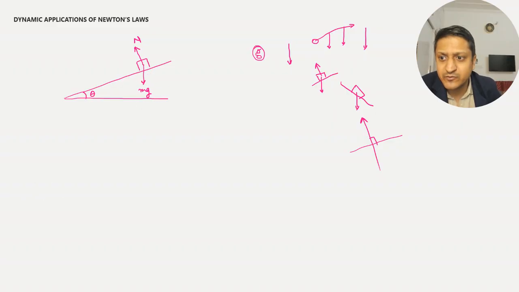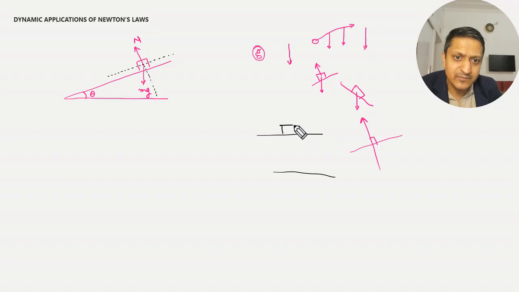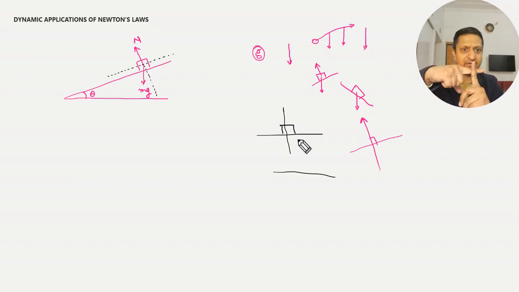To resolve the forces, first of all, make a plane like this. Now it's a plane. In earlier cases, the plane itself was the same as the plane the object was sitting on.